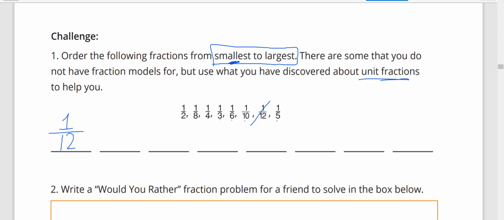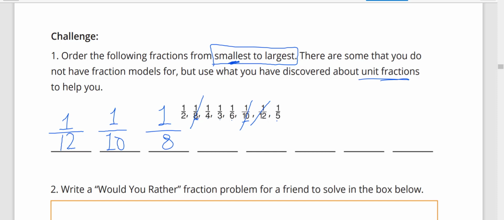Then, which is the greatest denominator? Yes, 10. So we write 1 over 10. After that, which is the greatest denominator to get the smaller fraction? Yes, 8. So we write 1 over 8.